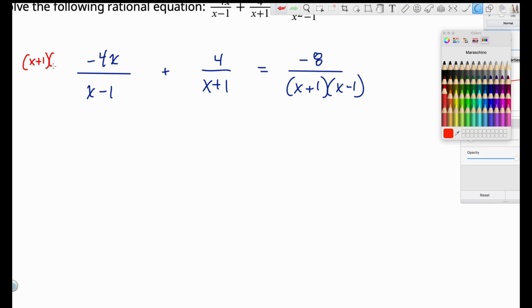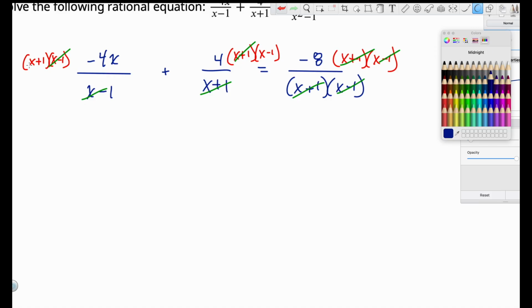And that will cancel all of our denominators. How about I put this one over here, x plus 1 times x minus 1, and then even here, got to do it to every term. Okay, so x minus 1 cancels there, x plus 1 cancels there, and these both cancel over on this third term.